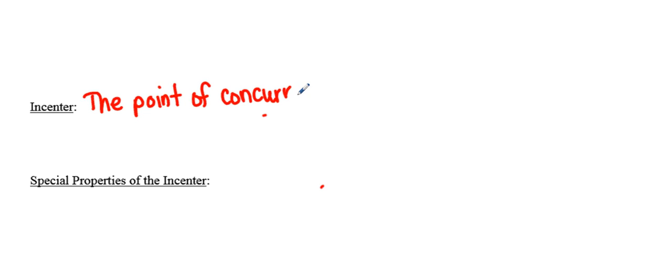So down at the bottom, I'm going to go ahead and define that as the point of concurrency. Remember that a point of concurrency is a point where three or more lines intersect.